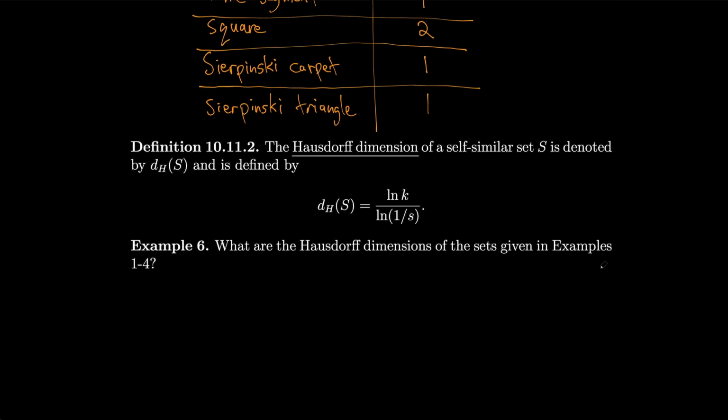The Hausdorff dimension of a self-similar set S is denoted by D_H(S) and is defined by ln k over ln(1/s). All right, so this is a little bit easier to actually calculate. We can get the Hausdorff dimensions of the sets given in examples 1 through 4. So let's start with S, the line segment.